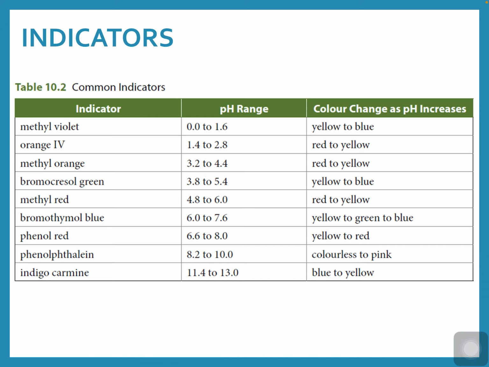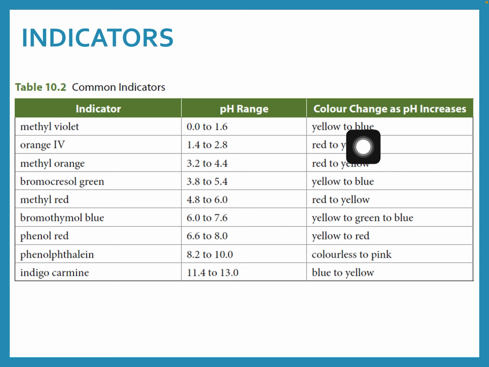So other than that, we have other indicators as well, but they only work in certain pH ranges. So they each have a certain color that they are to start with. And if something that they are added to is in the pH range that they work in, then they will undergo a color change. So for example, methyl violet, when it's added to something that has a pH between 0 and 1.6, it would turn from yellow, which it is to start with, to blue.